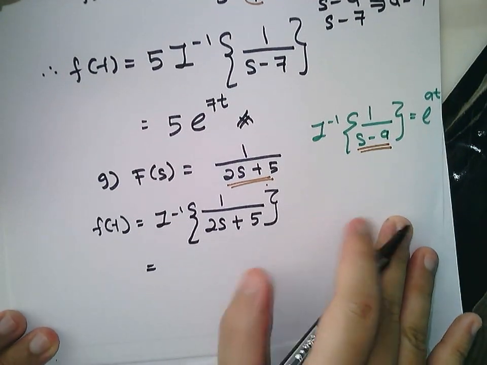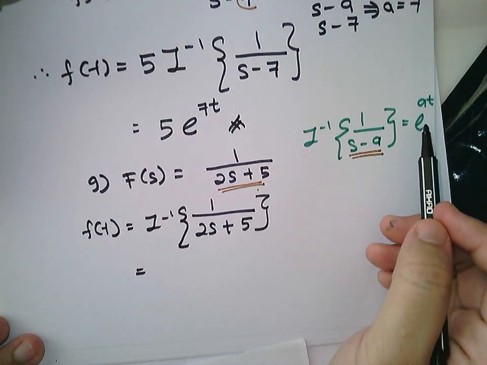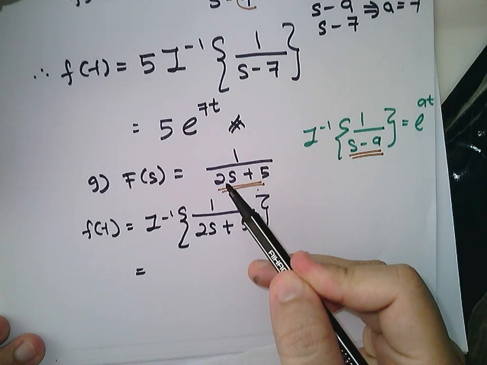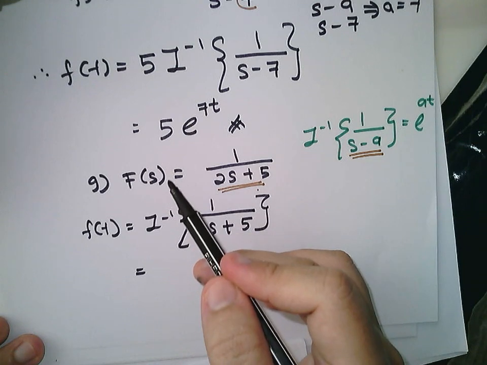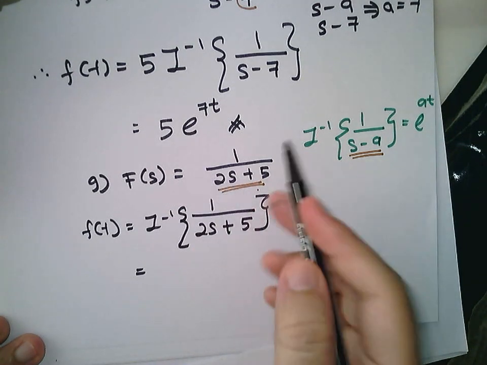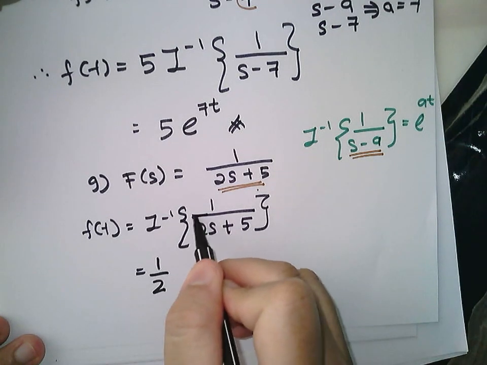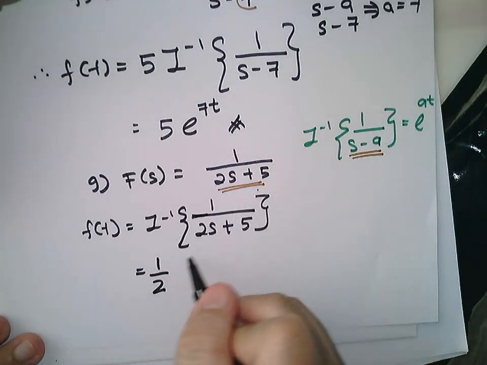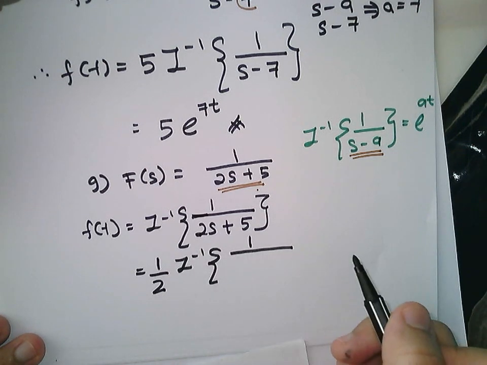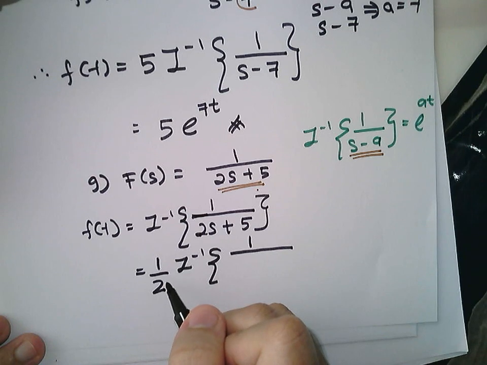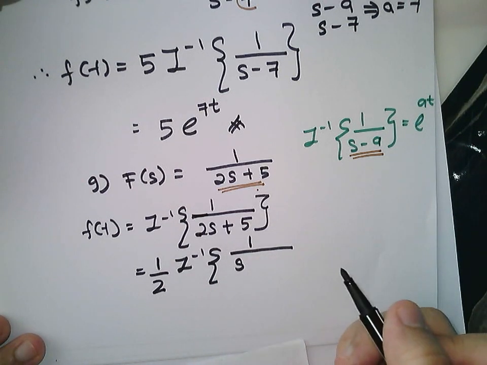As you can see here, you cannot simply get the exponential because you have 2 here. So you need to factorize 2 here. If you factorize this value, it should be 1 over 2, because this is 1 over 2. So Laplace inverse of 1 over, since you already factorized 2 here, you will have s here.